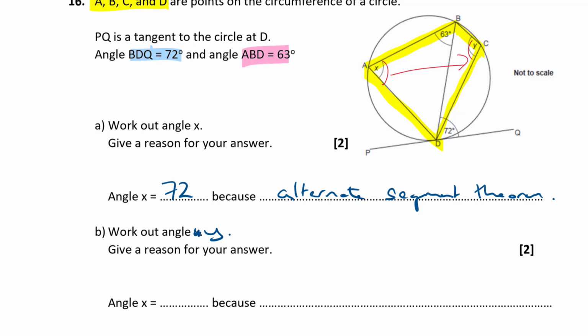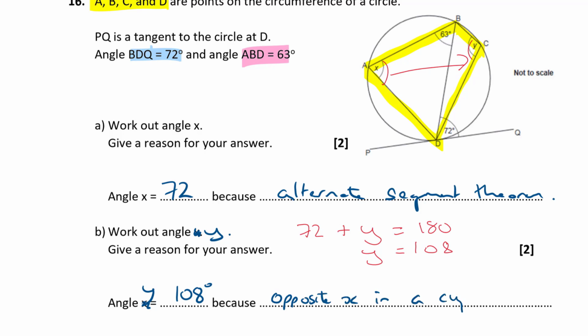So X, which we've just worked out, is 72, plus Y is equal to 180, which means Y then is going to be 180 subtract 72, which is 108. Okay, so I'm going to say that Y is 108 degrees, and the reason for that is they are opposite to X in a cyclic quadrilateral.